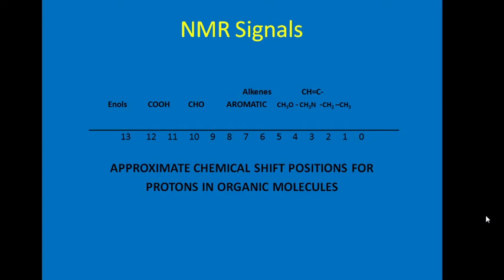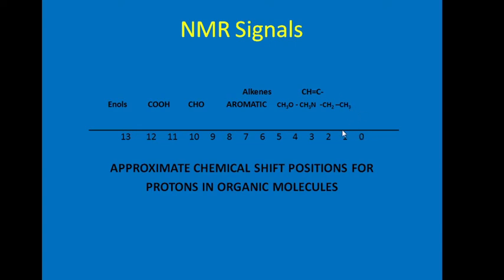Recall that. And the region wherein you are going to get the signals for various types of protons is depicted here. This is the NMR scale, which runs from 0 to 14. This is a delta scale. We know that for alkanes, CH3 and CH2, you are going to get roughly around 0 to 2.